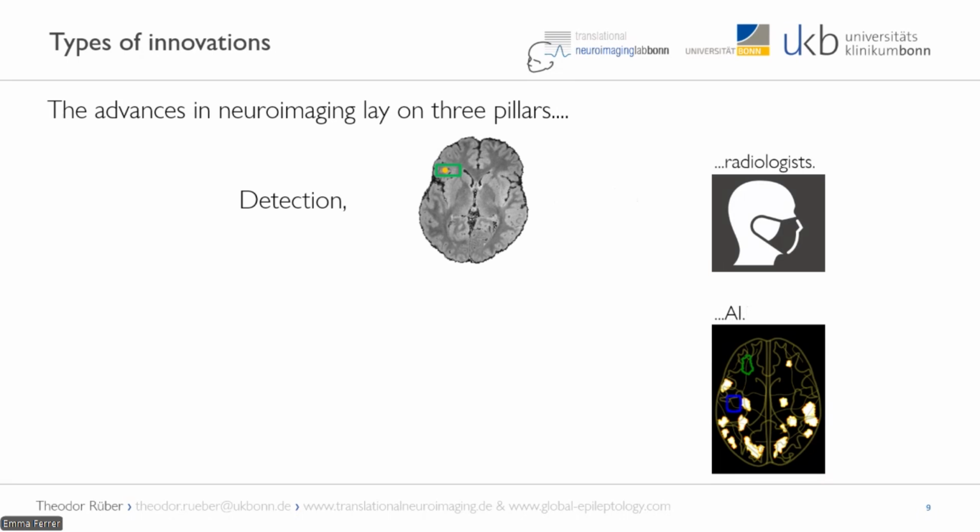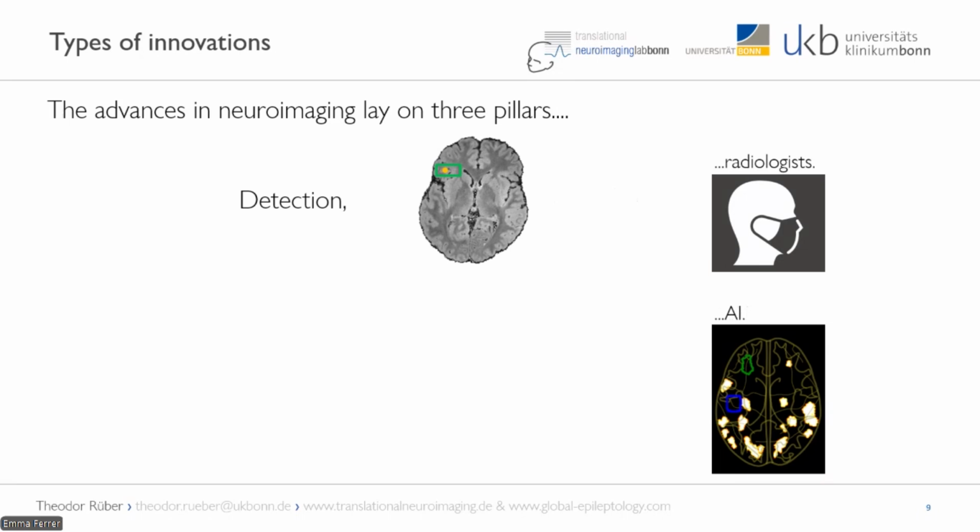So if we say diagnostic capabilities of radiologists or of AI algorithms, what do we mean? And I think that's very important with regard also to the ultra-high field to highlight this. There are different capabilities that we mean. First of all, the question that may be asked is basically a detection task.